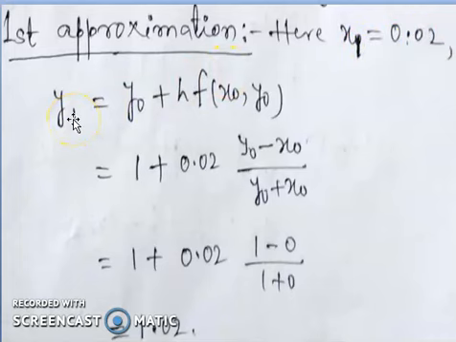So the first approximation formula of Euler's method is y1 equal to y0 plus h of f of x0, y0. Here y0 is 1, the value of h is 0.02, and f of x0, y0 becomes y0 minus x0 divided by y0 plus x0. On substituting the values of y0 and x0, we get the first approximation value 1.02. So this is the first approximation result of Euler's method.